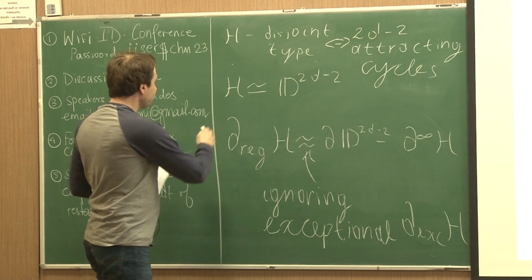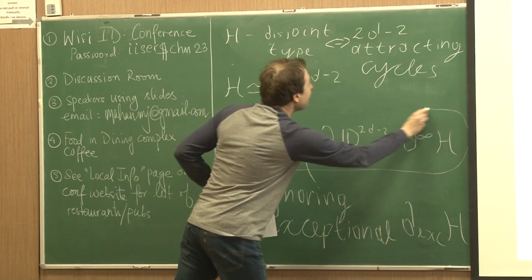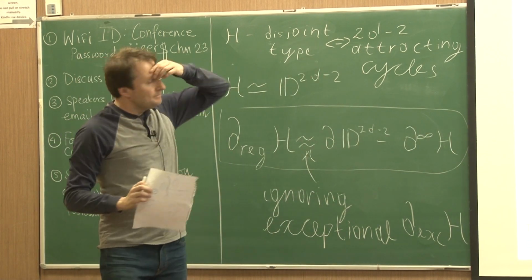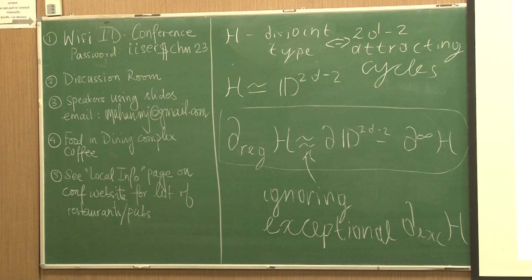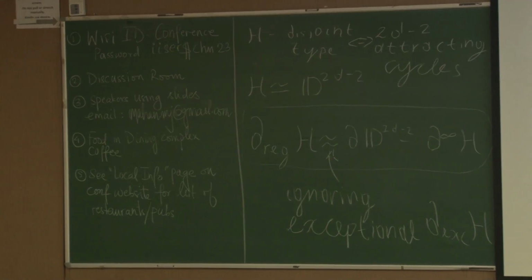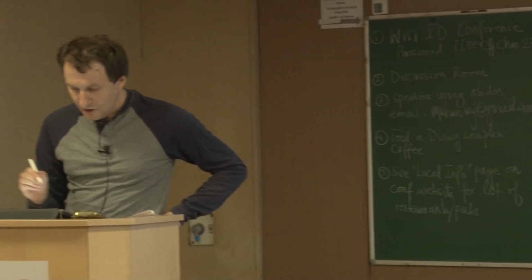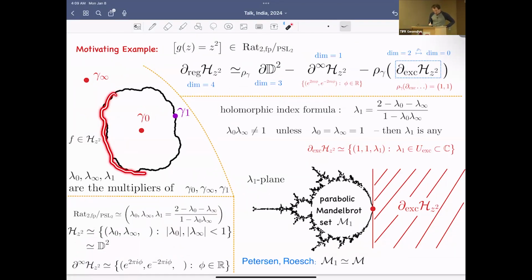So this is kind of the main summary of this slide. And let's discuss the example z-square in more detail. So the Julia set is topologically a circle.